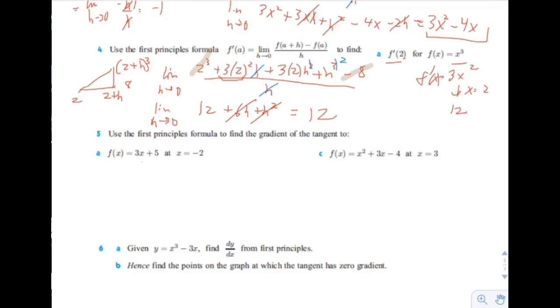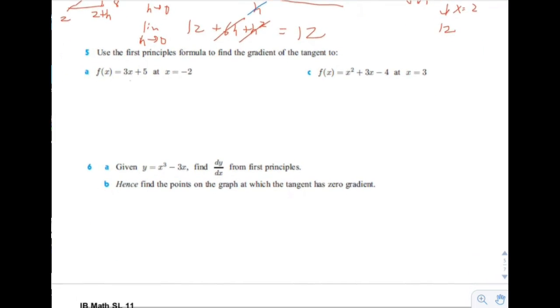Okay, number 5. We're almost done. Use the first principles formula to find the gradient of the tangent. Okay, so we're going to do the same thing as we just did right before. Instead of having x, we're going to have negative 2 and negative 2 plus h.